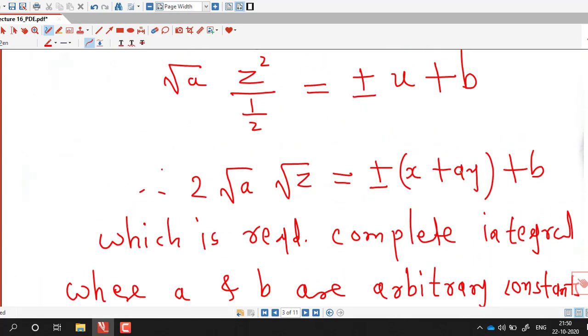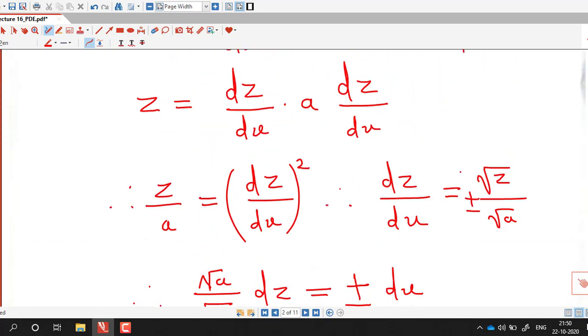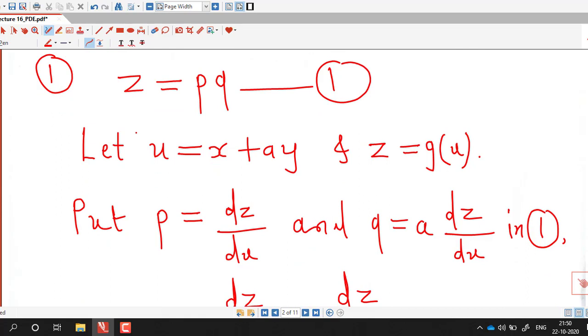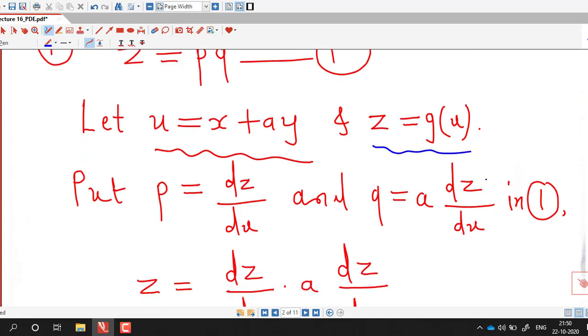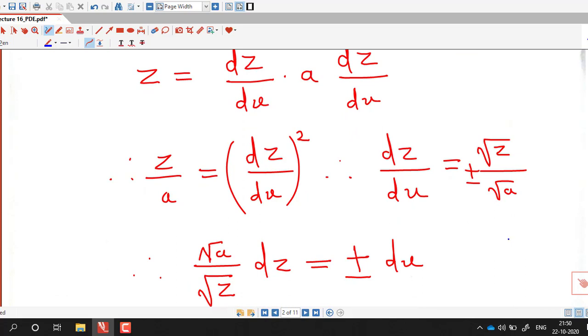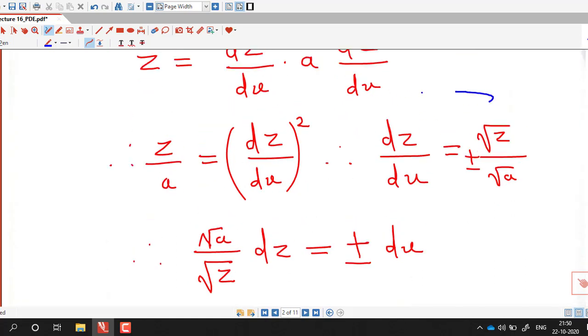So it is easy to find the complete integral if we have standard forms of nonlinear differential equations. For this method we have started by taking u equal to x plus ay and z as a function of u, and what we have to remember is we have to substitute p equal to dz by du and q equal to a times dz by du, and our equation will be converted into an ordinary differential equation.